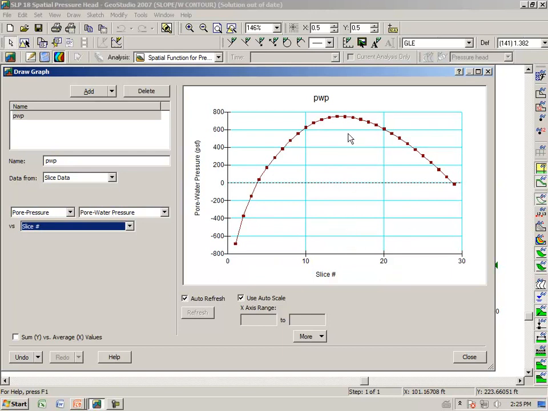It is possible to pick any particular slice, for example, slice number 14, and we could then go back into the cross section to spot check that the pore pressure at the base of slice 14 is approximately 750 kPa. I will leave that up to you to do.